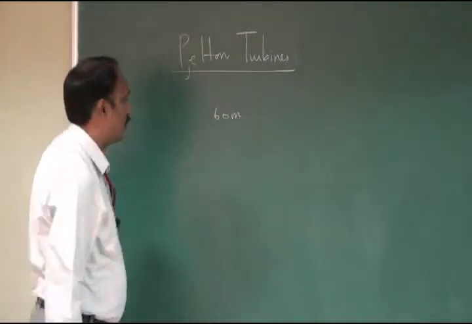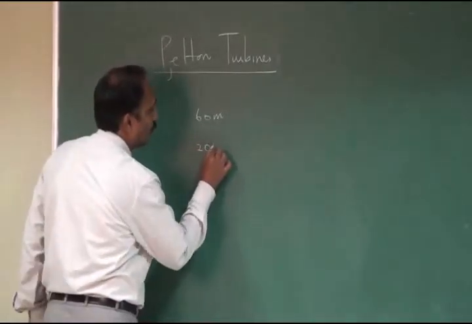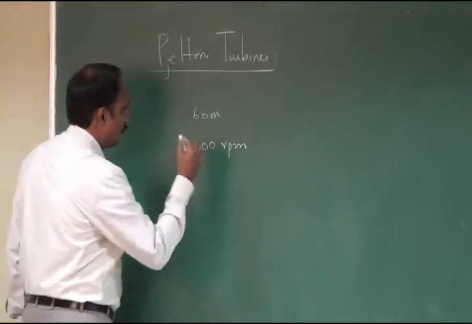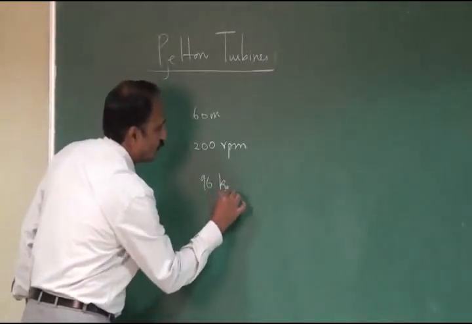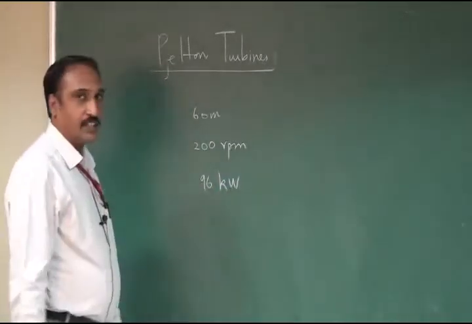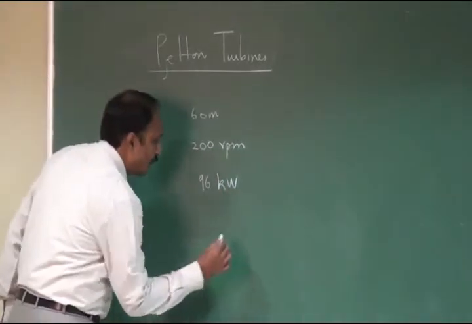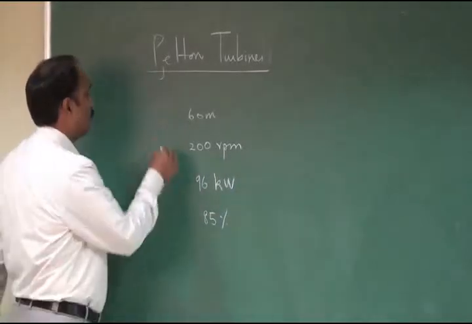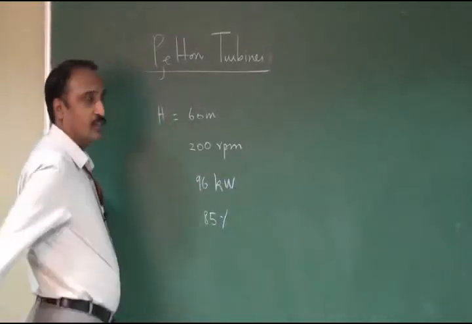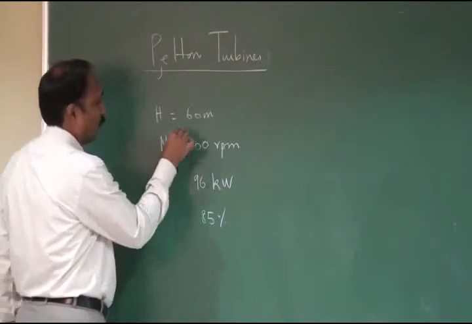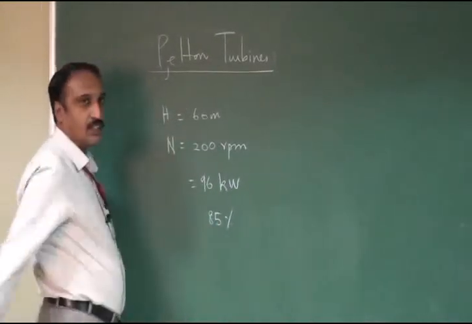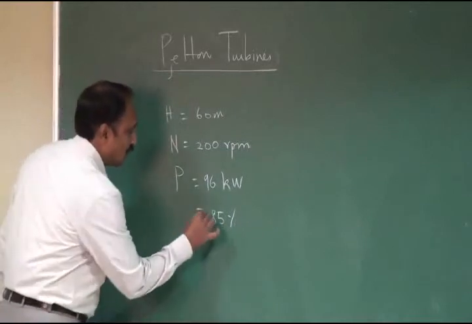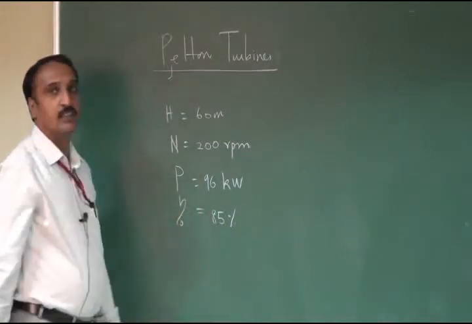The turbine runs at 200 rpm and it will develop a shaft power of say 96 kilowatt, and considering an overall efficiency of 85%. So head 60 meter, speed N 200 rpm, shaft power P, and overall efficiency.